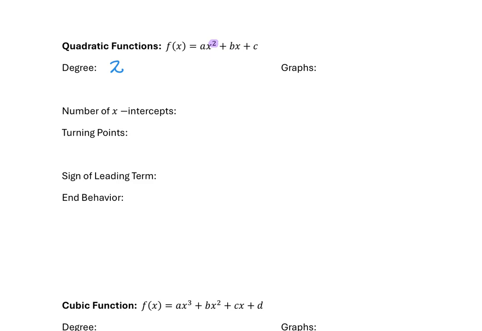Now when we talk about the number of x-intercepts, keep in mind that we're talking about all quadratic functions, and we can have several possibilities. We've talked about these in previous math classes, in previous sections. Let's look at some graphs.